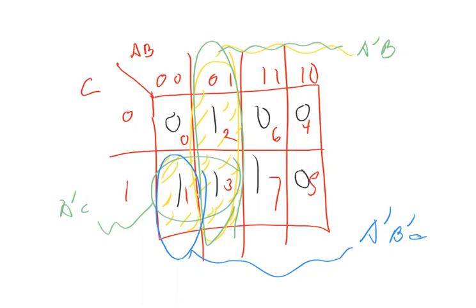Then it says the terms in gray combine to give A prime C or BC or AB. Well, that's not right. So that's not correct. But the first two elements are. All of the above is not correct. And so I have the first two elements being marked as right.